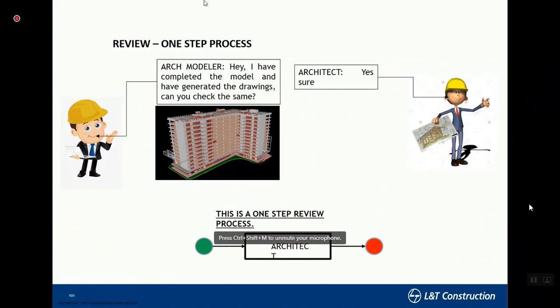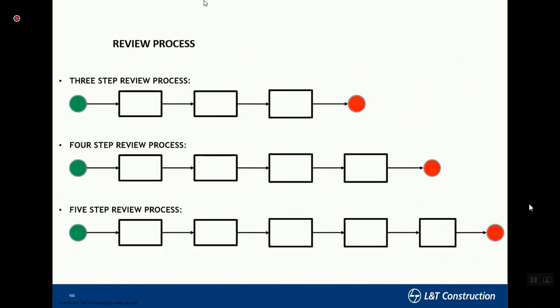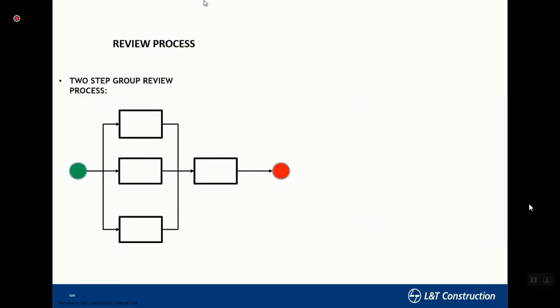So for doing such reviews, it could be one step, that is I am modeling and I can give to my lead engineer. That is one step. Or it could be two steps, where I'm giving to architect and then to project manager. So basically two people are reviewing and giving their comments. Similarly, it could be a 3-step process, 4-step process, 5-step process. All these are inbuilt or developed within the CDE environment.